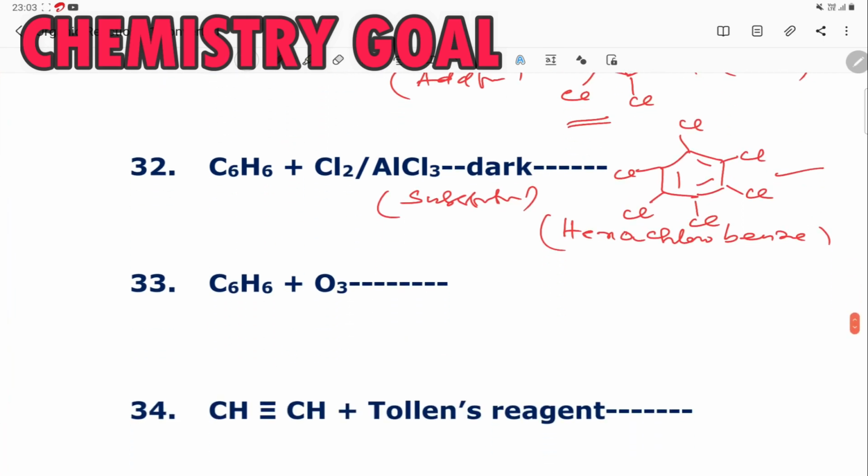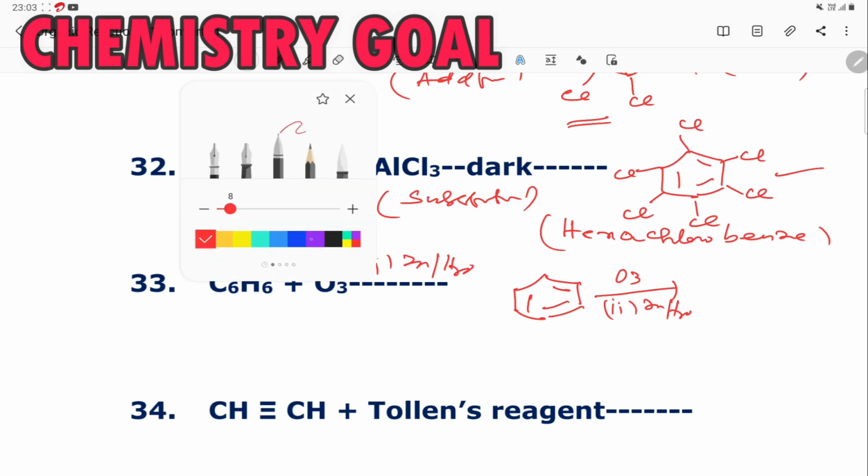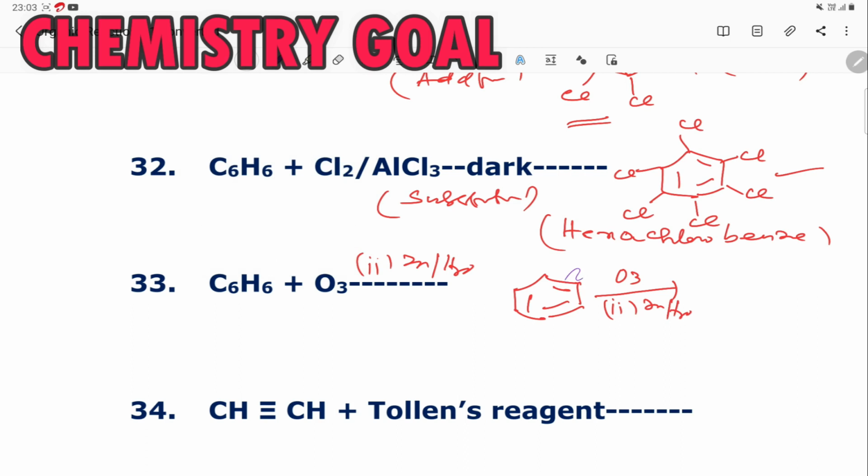Then benzene reacts with ozone, oxidation in the presence of ozone, and the second step is hydrolysis with zinc and water. If you see the structure of benzene, ozonolysis, very interestingly, breakage takes place at these positions.